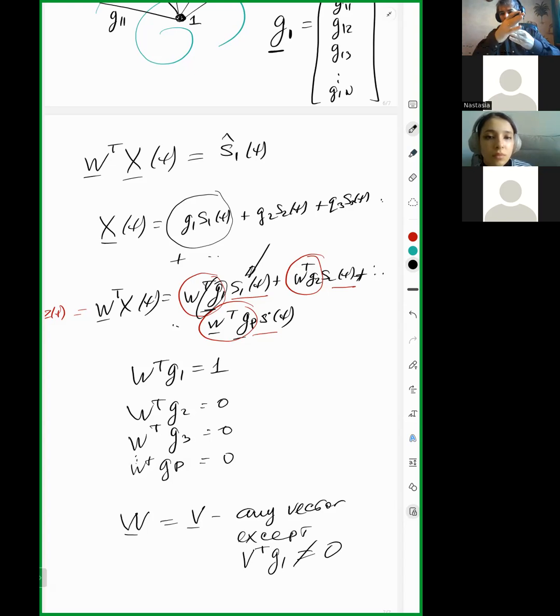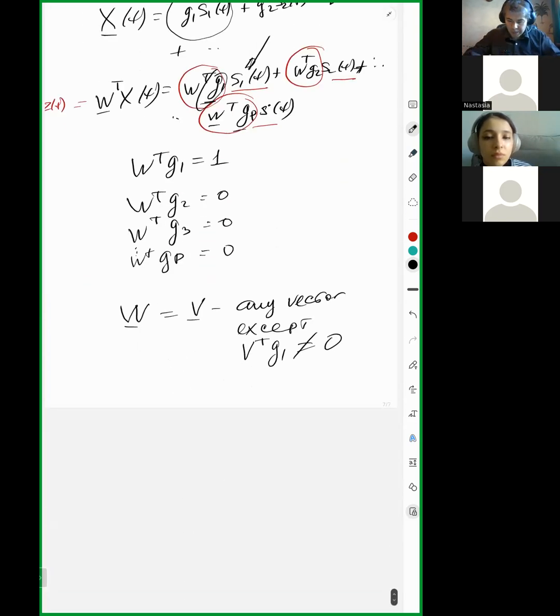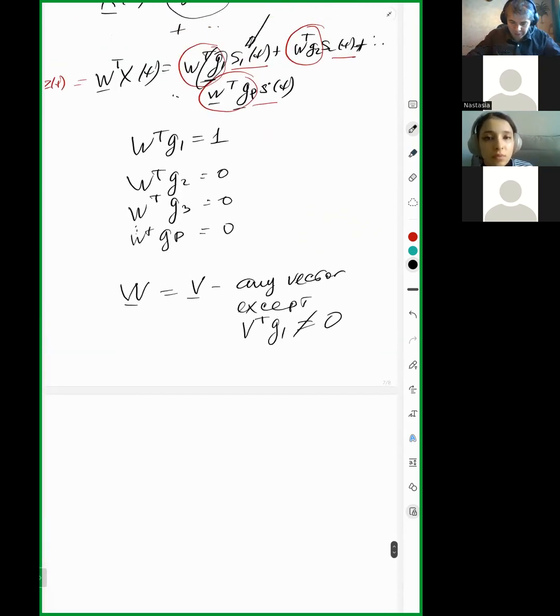It shouldn't be orthogonal. Then, to make sure that W transpose G1 is equal to 1, you can scale this V as much as you want, but then it will be basically nothing special. It will not be really isolating the sources.